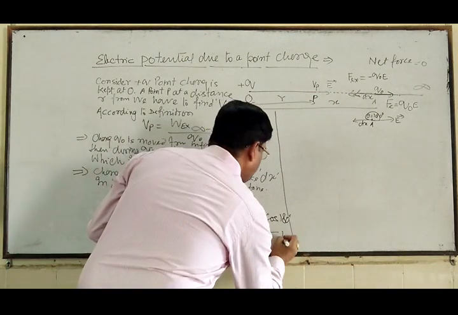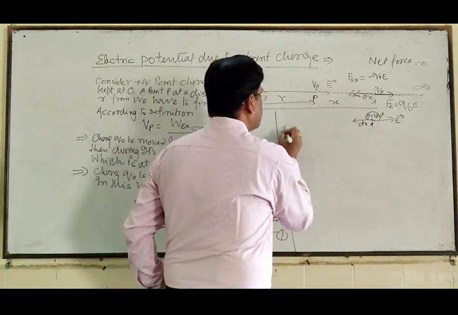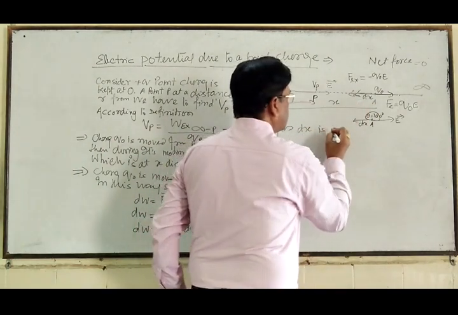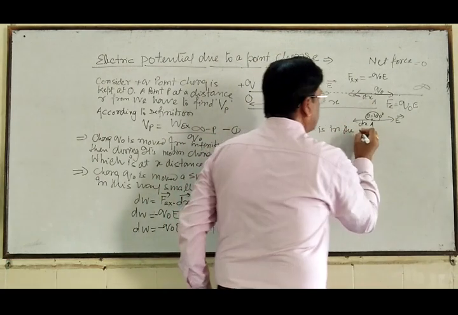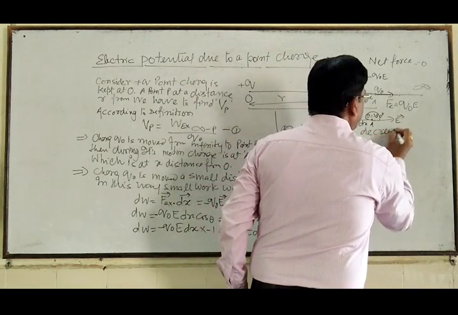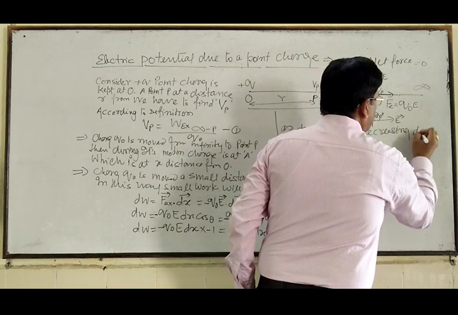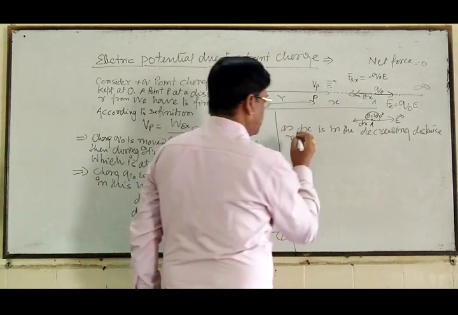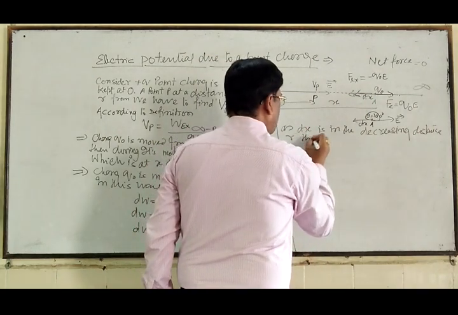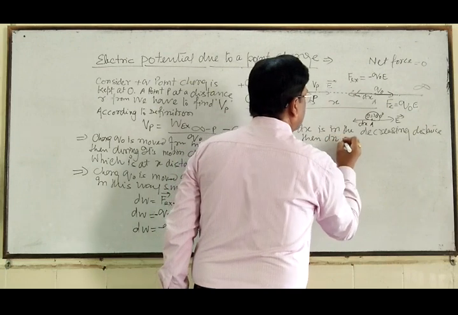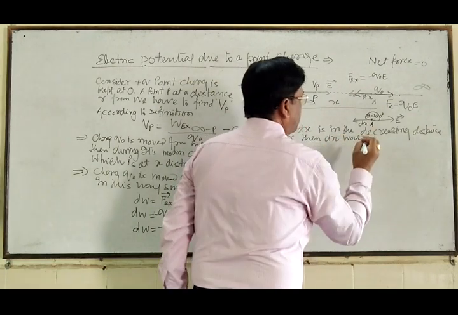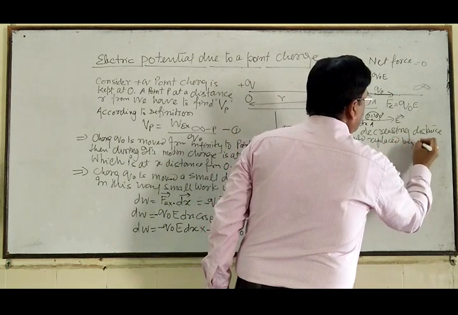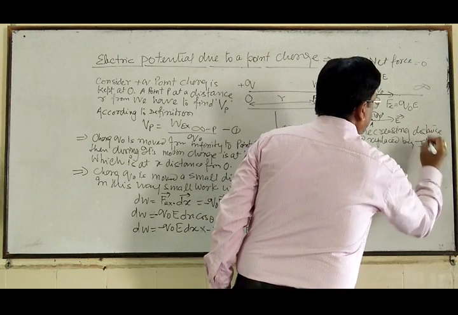Suppose it is equation 1, as this dx is in the decreasing distance r, then dx would be replaced by minus dx.